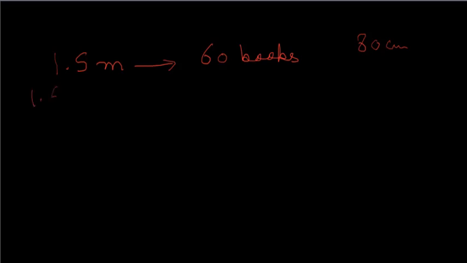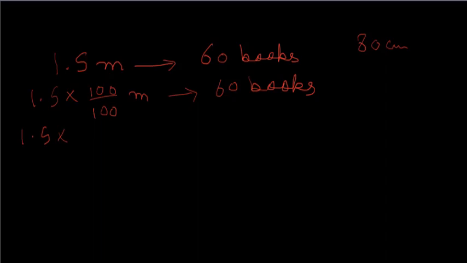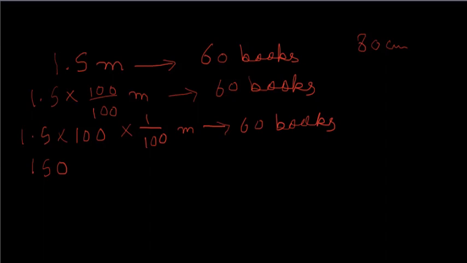So 1.5 into 100 into 1 by 100 meter gives us 60 books. When this 1.5 is multiplied by this 100, it will give us 150, and this 1 over 100 gives me centi. Centi has a prefix of 1 over 100, and this m will retain its place. We have done this in our previous method as well.